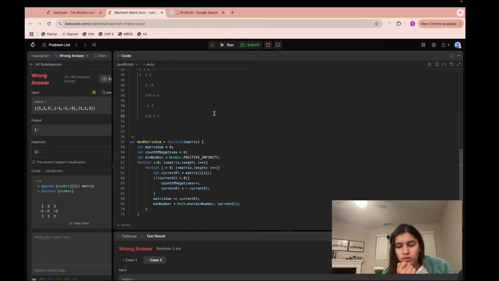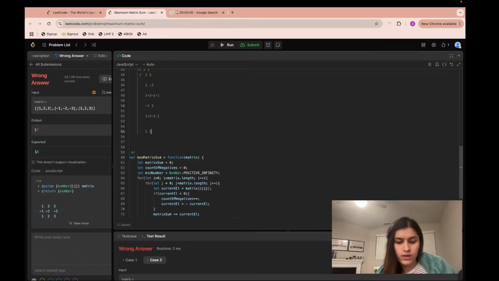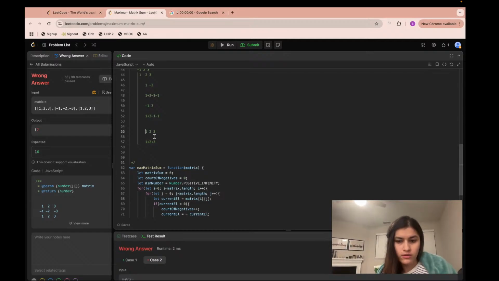So suppose there are 1, 2, 3 numbers, and the sum of the 1, 2, 3 numbers, but I found out that this is a negative number.